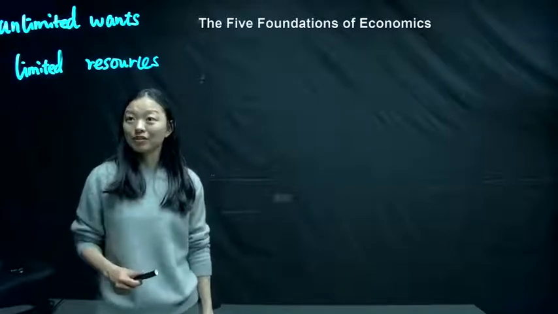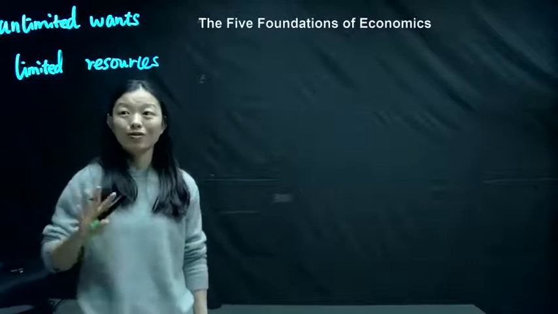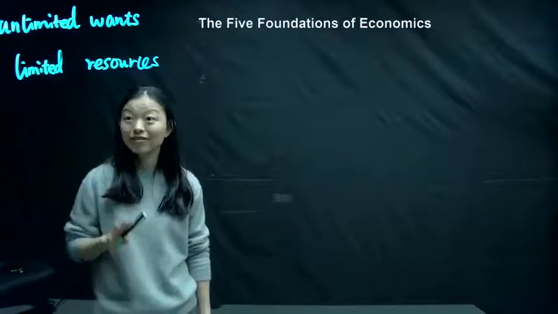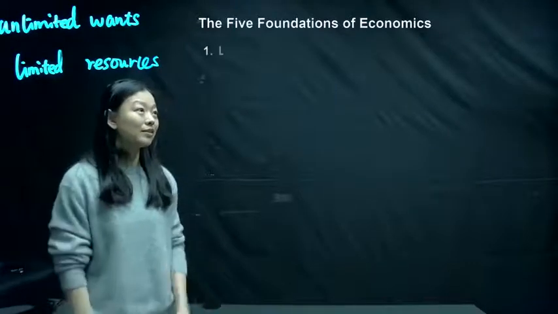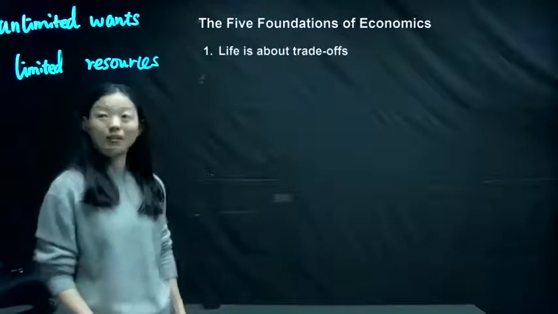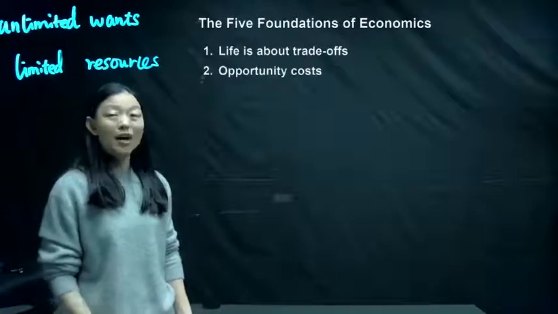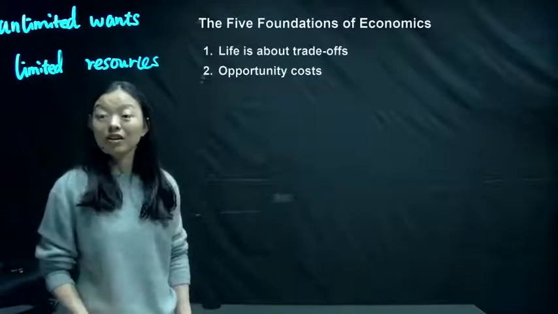In this chapter, although we will have 10 principles, right? I will focus on five major foundations. The first one we would like to talk about is life is about trade-offs. For the second foundation, I would like to introduce opportunity cost.